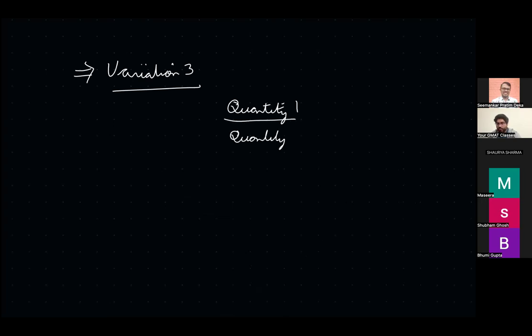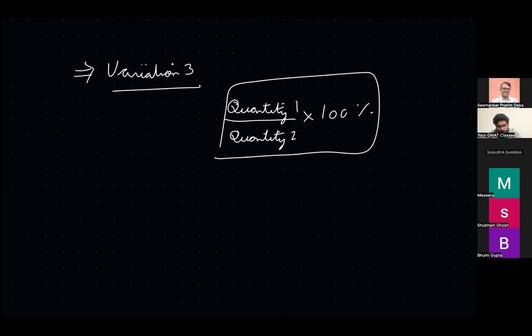Third variation. The third variation is comparing two quantities. So it's literally quantity 1 over quantity 2 into 100%. A earns rupees 150.